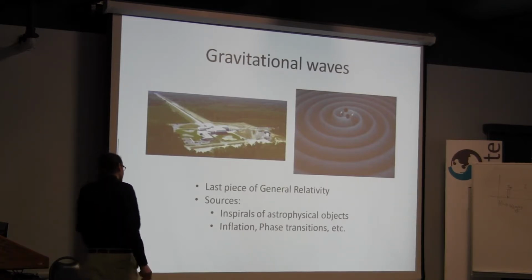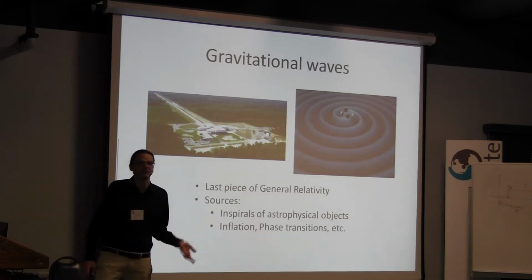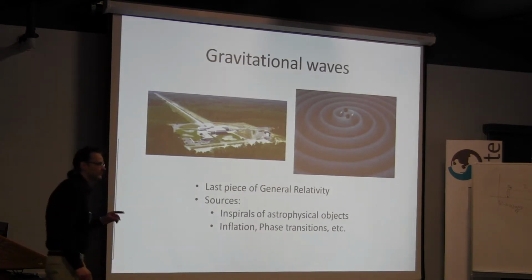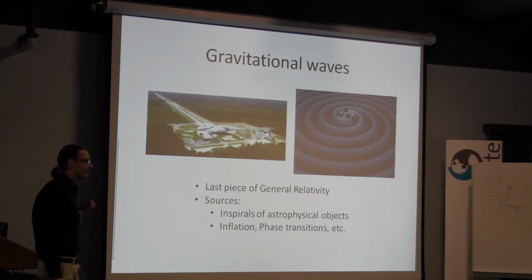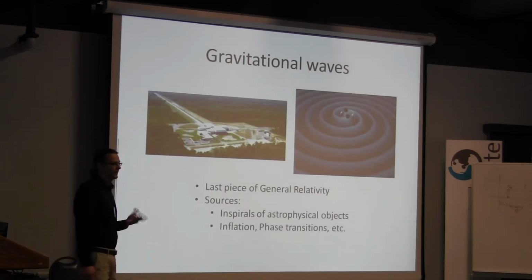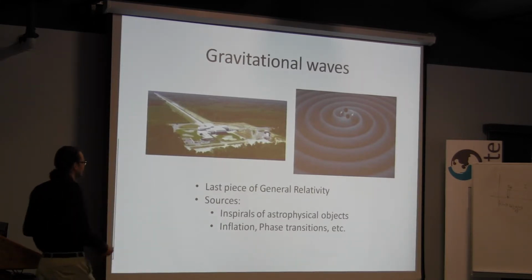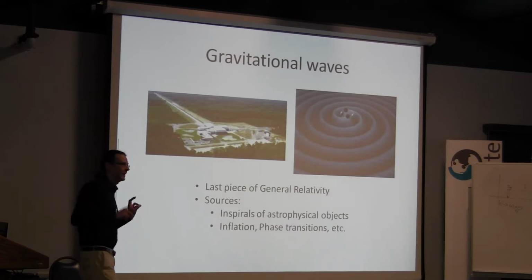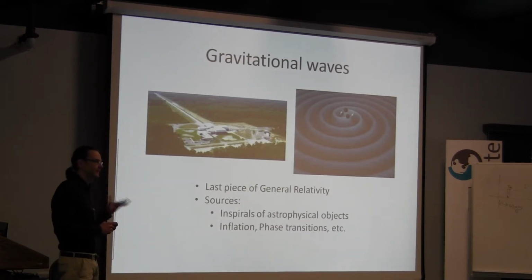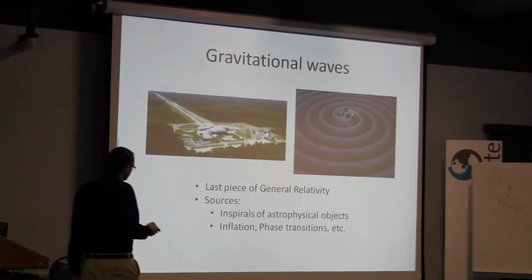And so there's a lot of experimental evidence, I would say, for general relativity, right? We know about gravitational lensing, we know about precession of the perihelion of Mercury. We've indirectly seen evidence for gravitational waves, but direct observation of gravitational waves, depending on who you ask, is looked at as one of the last pieces of general relativity to really confirm that the theory is correct.